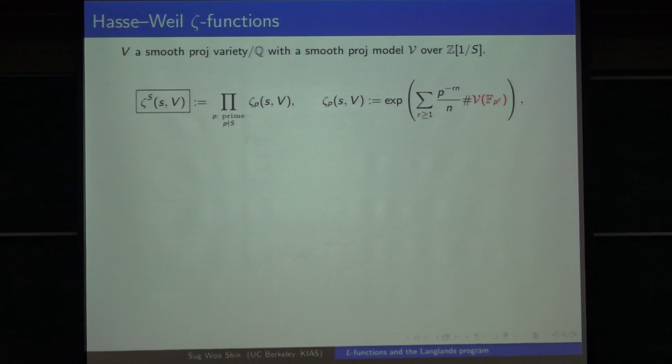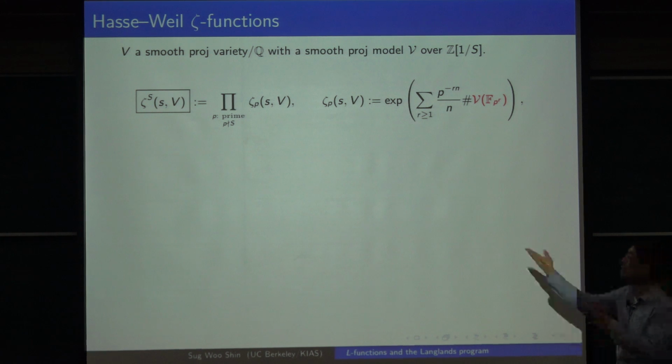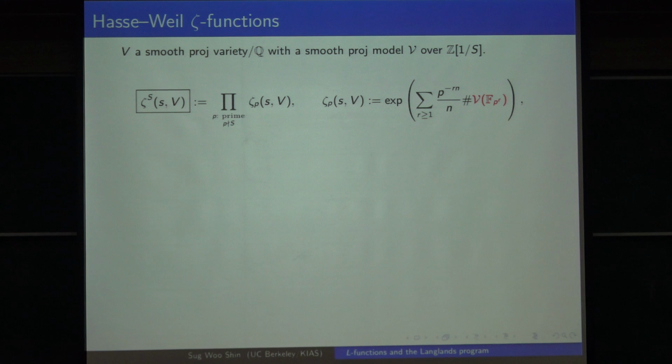The Hasse-Weil zeta function is the product of a factor zeta_p at each prime p. And what is the factor at p? Well, there's this horrible expression. It's some exponential of a certain generating function. But what's important is that it really counts the number of solutions.